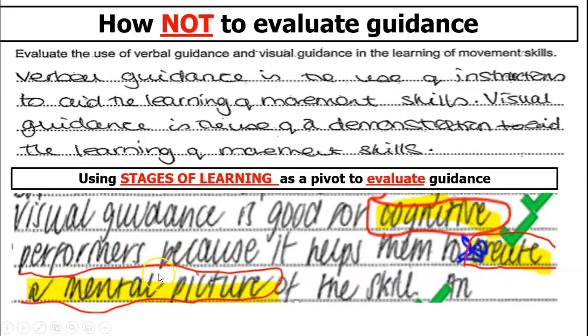Okay, so you can see the difference in that. If it asks you to evaluate, you've got to give advantages straight away. Secondly, you must make sure that you use this process of a stage of learning for an advantage, and then give the specific terminology that justifies why that stage of learning would find that guidance type most effective. Okay, so I thought that was important to put in there just so you see exactly why you're doing what you're doing.